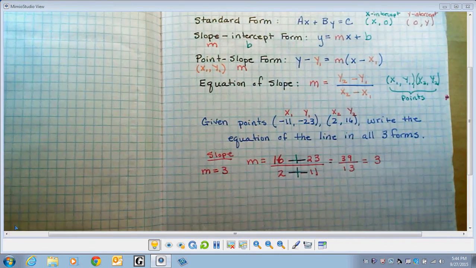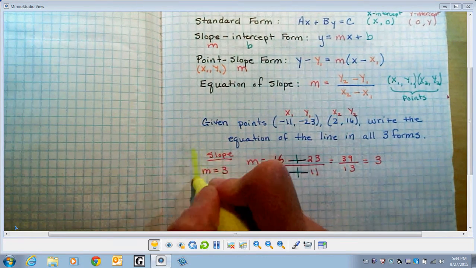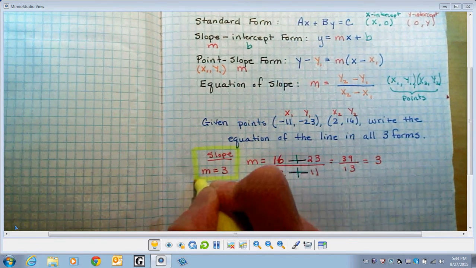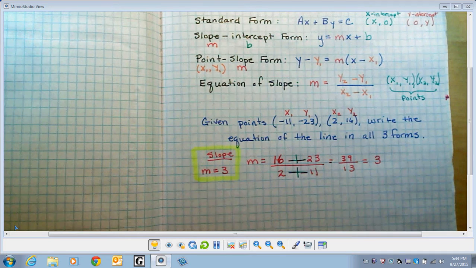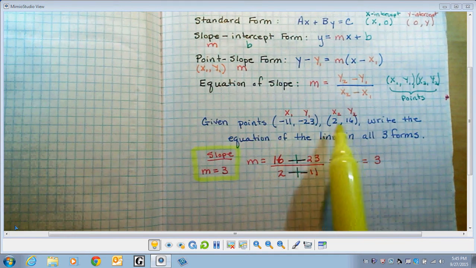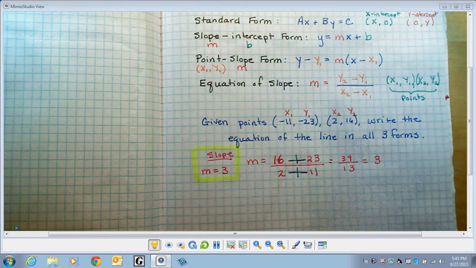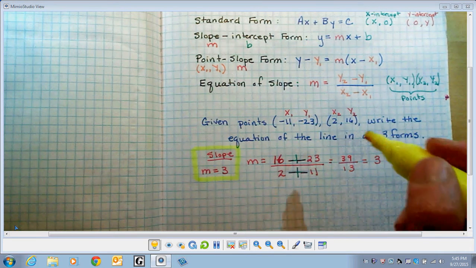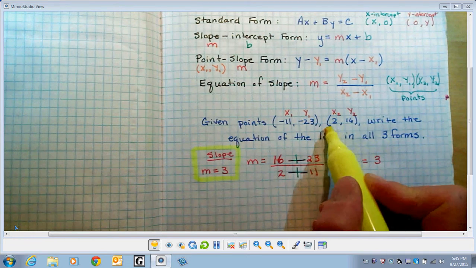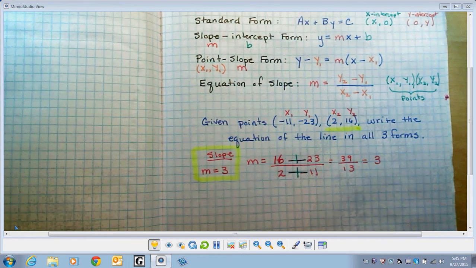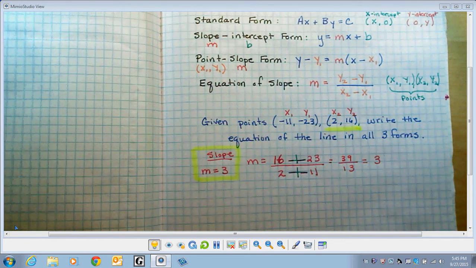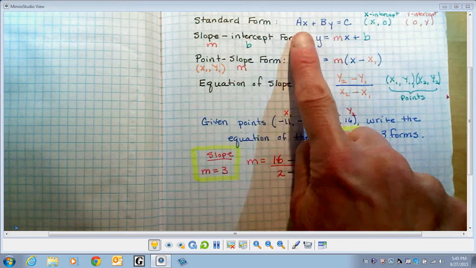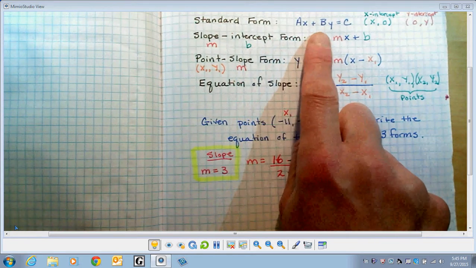So I have a slope, but I don't have my y-intercept. What else do I have? Well, I have 2 points. I can pick either point. It doesn't matter. However, I'm going to choose this point because both coordinates are positive, and then I don't have to worry about messing up. So I can't use standard form because I don't have a slope.